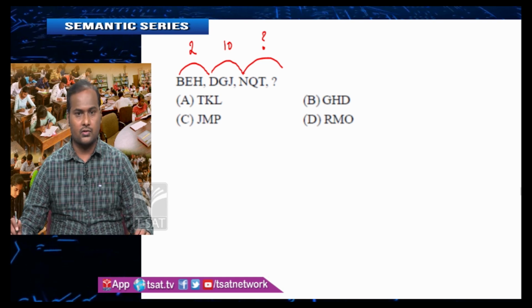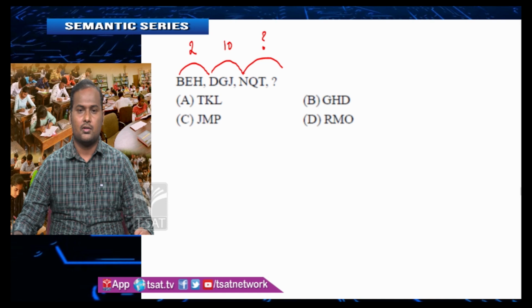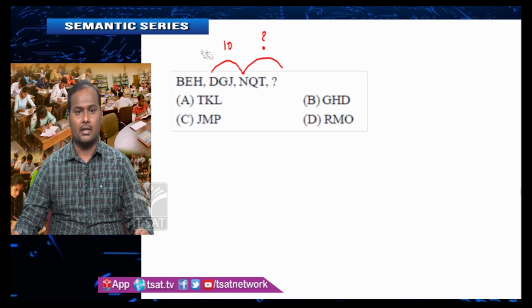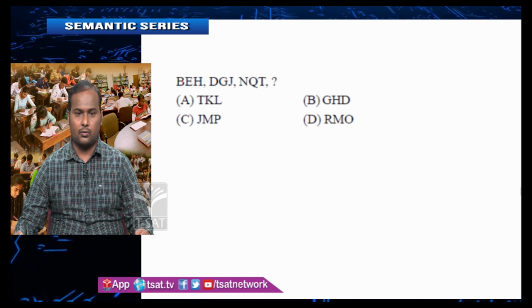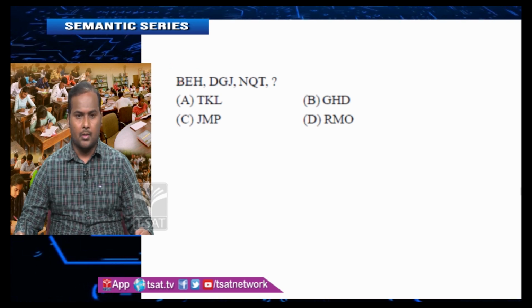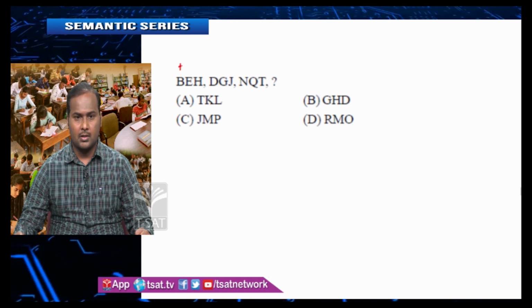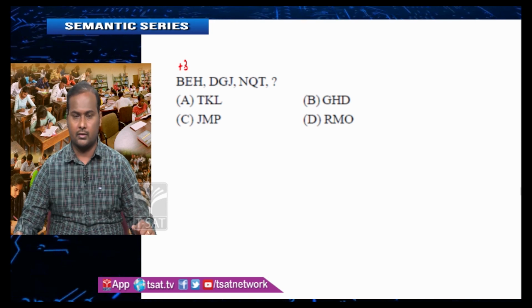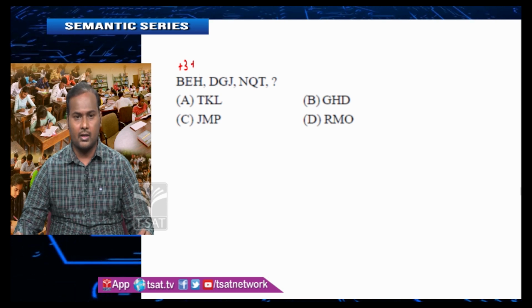So whenever we are unable to predict like this, what you do in the exam is generally check the difference with respect to B, E and H only. That is B to E. What is the change from B to E? The change from B to E is plus 3. It is increasing by 3. In the same way, E to H is also increasing by 3.